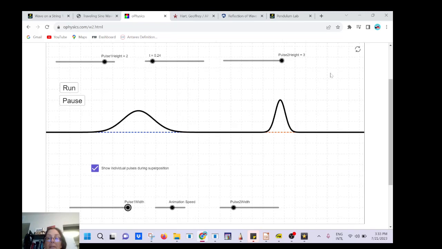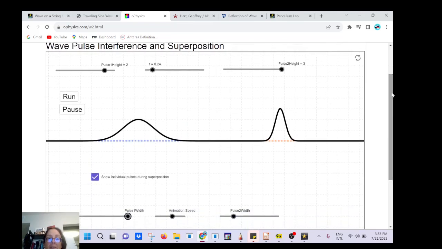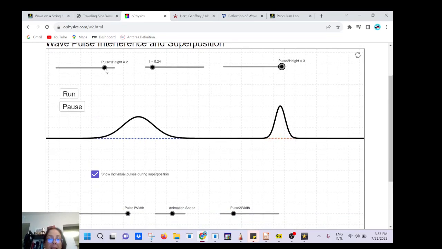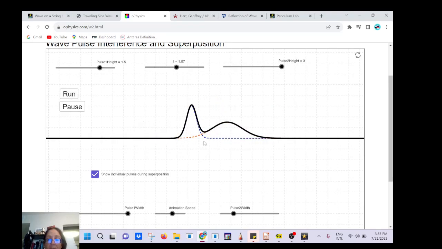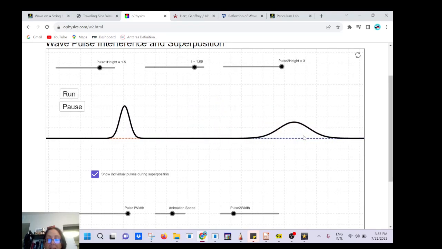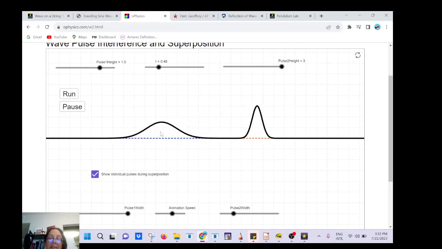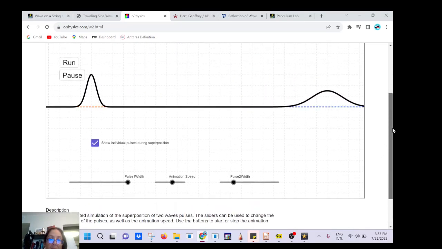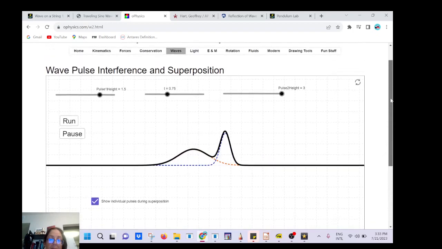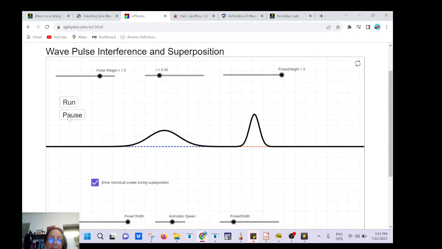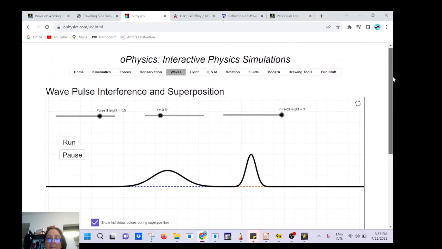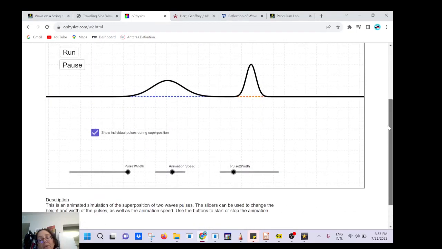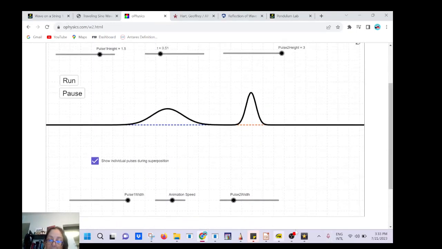And then what else can I change? And you're gonna see, poof, they pass, they maintain, they retain exactly the same shape. Okay? Now I will also put the link in the description.